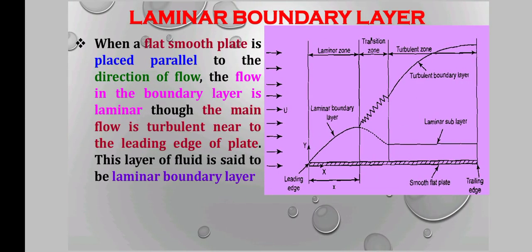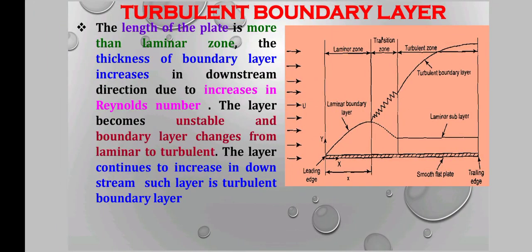Also, when a flat smooth plate is placed parallel to the direction of the flow, the flow in the boundary layer is laminar near the leading edge of the plate, though the main flow is turbulent. This layer of the fluid is said to be the laminar boundary layer. And next is the turbulent boundary layer.